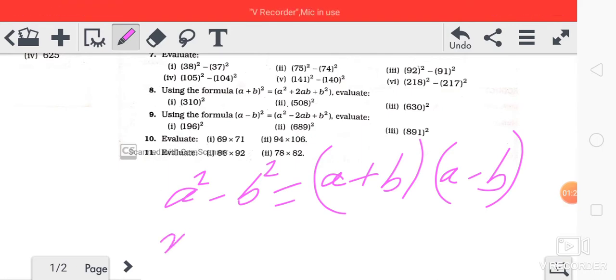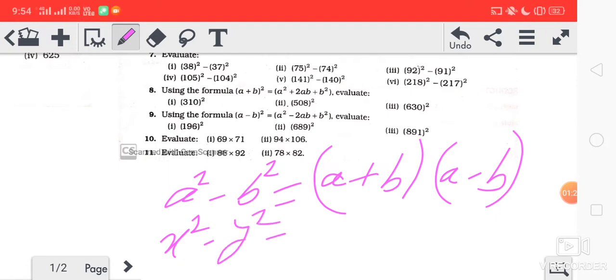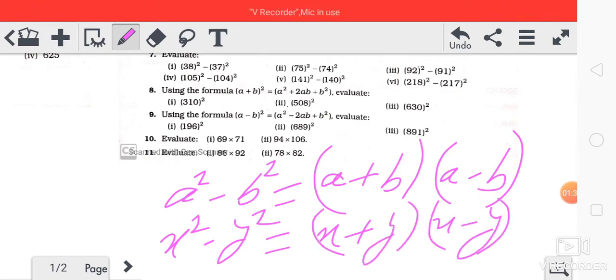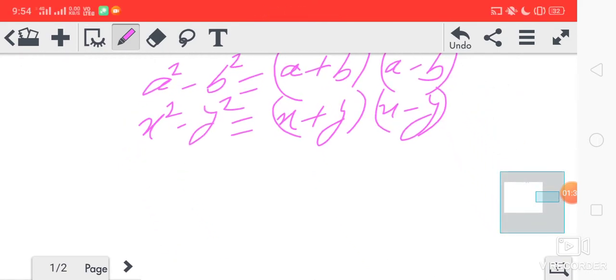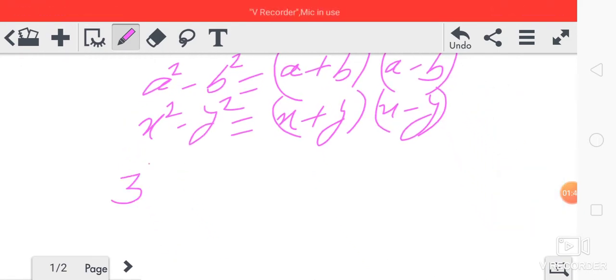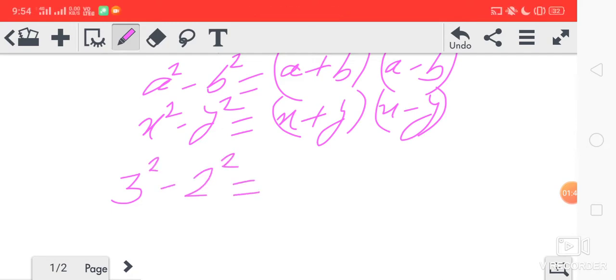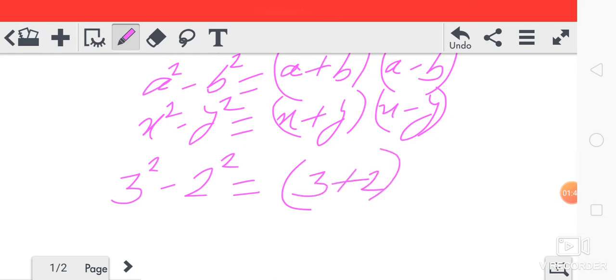Or in the form of x, if you write x square minus y square, then you'll get x plus y into x minus y. Suppose I tell you 3 square minus 2 square, then you'll write 3 plus 2 and 3 minus 2.